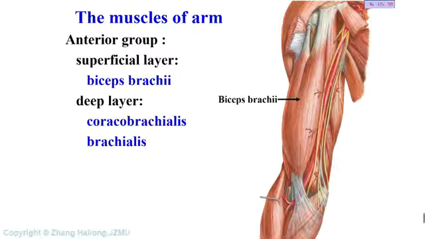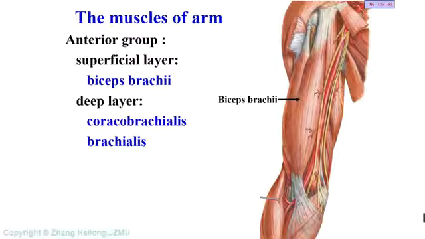Please touch your arm. First, the anatomical position. Your palm faces forward, and you touch the anterior group. And when you flex your elbow joint and squeeze your fist, you can feel this muscle.